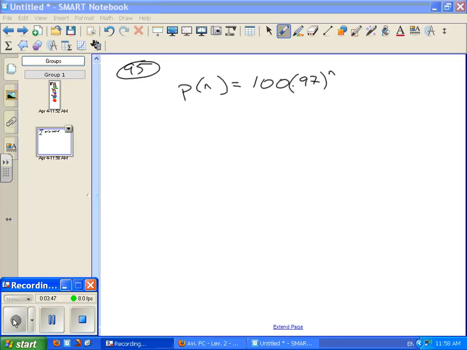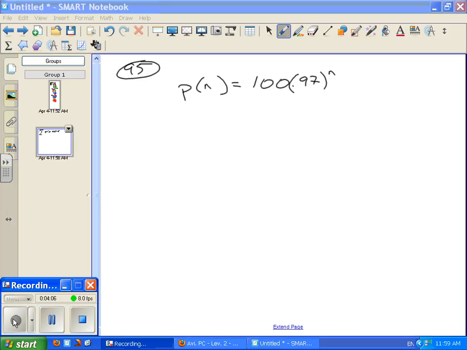Of the light passing through it, the percent p of light that passes through n successive panes is given approximately by that function. So what percent of light will pass through 10 panes? We plug a 10 in for the n and see what we get.